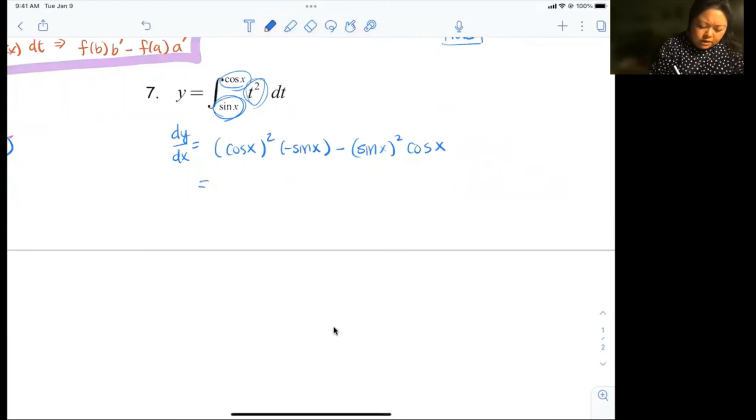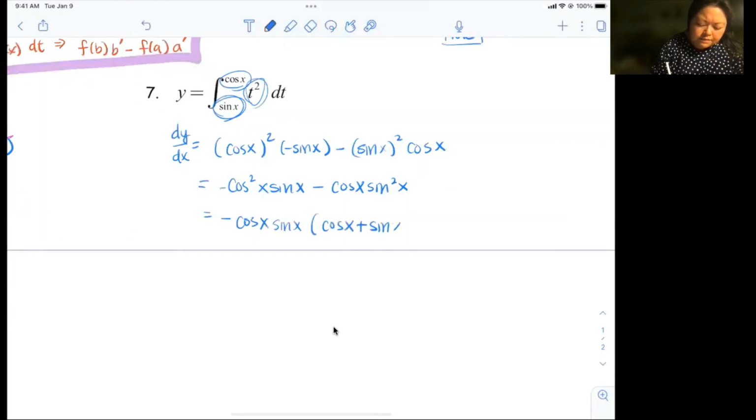I get negative cosine squared x sine x minus cosine x sine squared x. So because it's a derivative, I usually want you to factor out as much as possible. Factor out cosine x and sine x, and you'll leave yourself with cosine x plus sine x. That's about as much as it will clean up. So that would be our final answer.